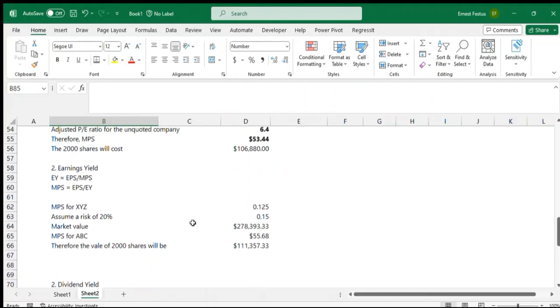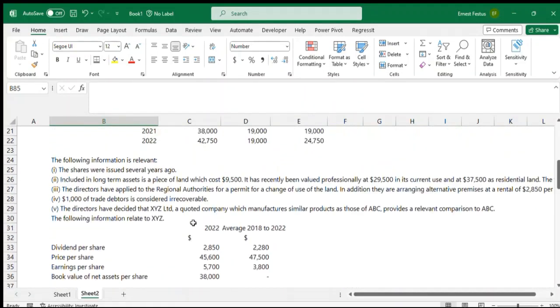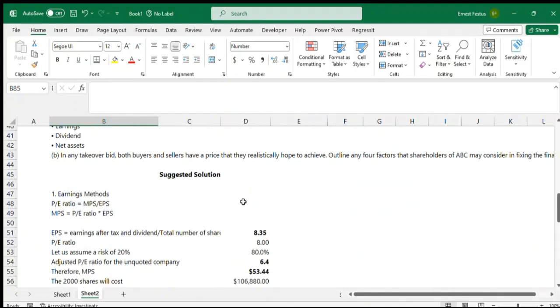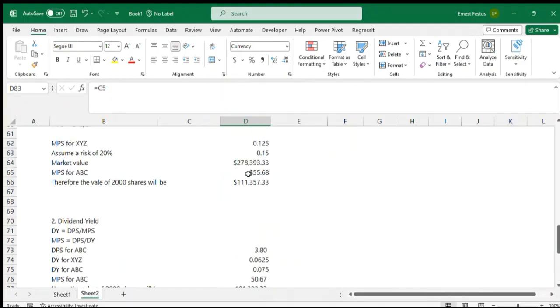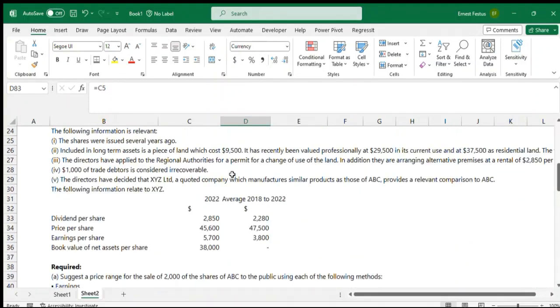So let's go back to the question and see the additional information. It says included in long-term assets is a piece of land which costs 9,500. So what that means is that included in this 190,000 long-term asset value is $9,500 relating to land.